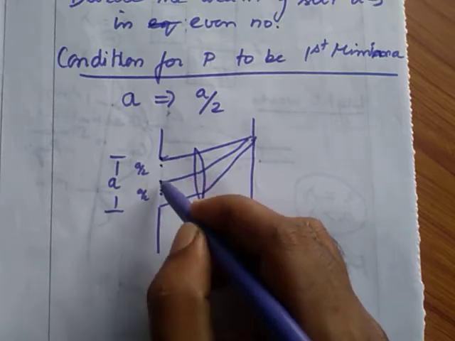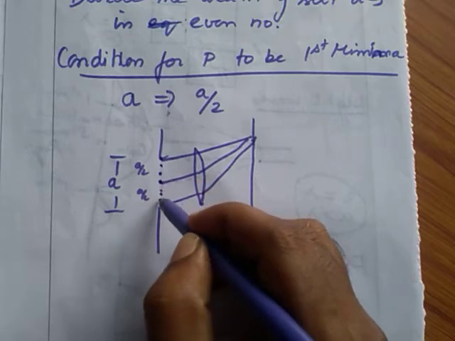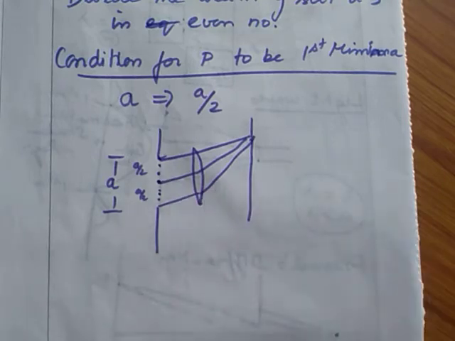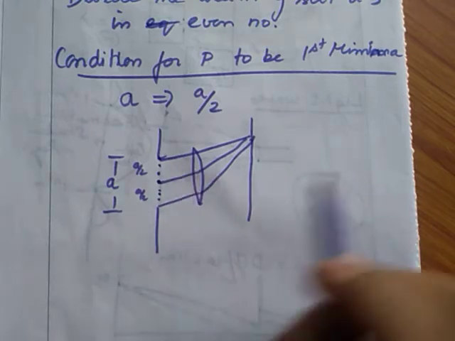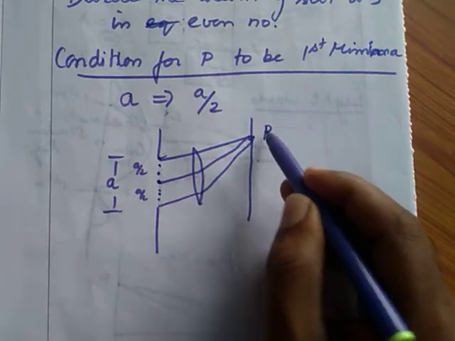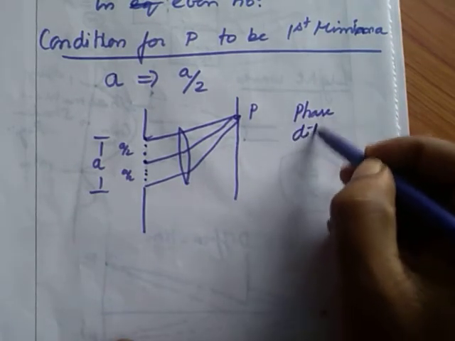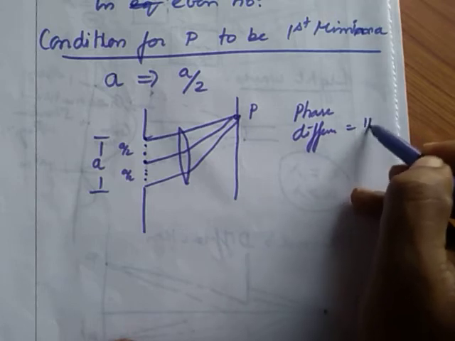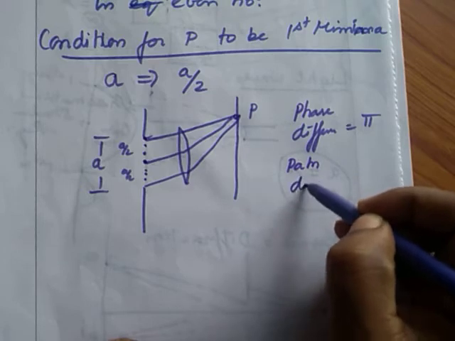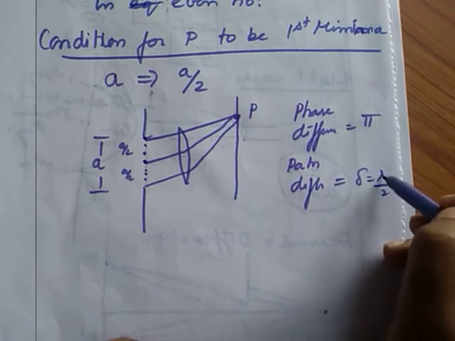This point and this point are separated by the same distance a by 2, so they are said to be corresponding points. Two light waves from corresponding points intersect at point P with a phase difference of pi. Then the path difference delta is equal to lambda by 2.